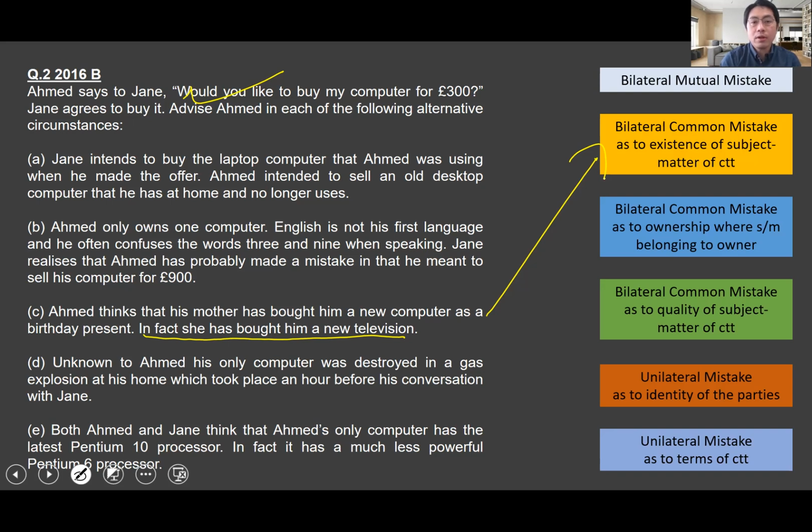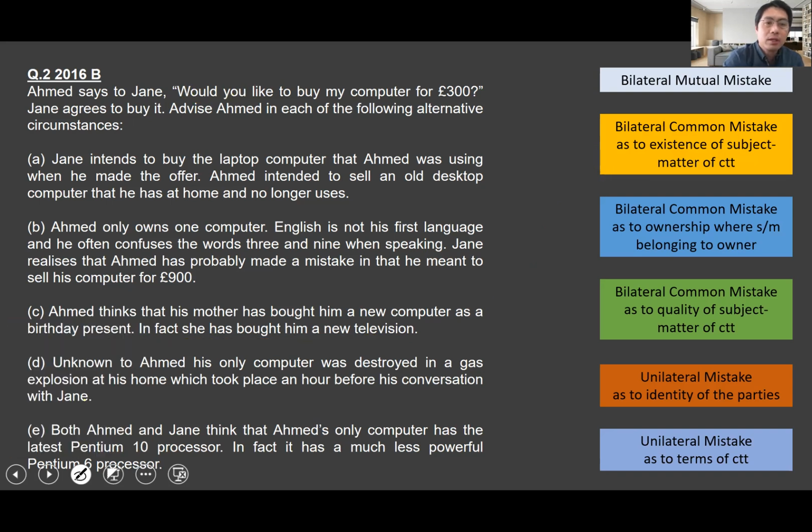Ahmad was selling what he thought he would have as a new computer. Jane took it at face value and assumed that Ahmad would have a computer for sale. But in truth, that computer never existed because the mother bought Ahmad instead a new television. So that's a bilateral common mistake as to existence.